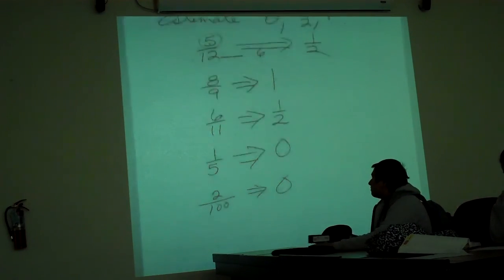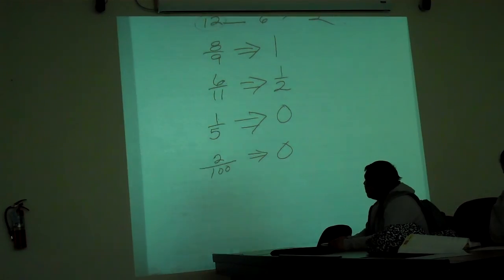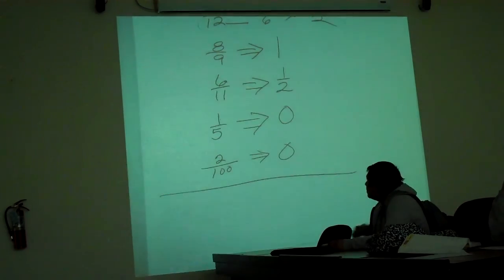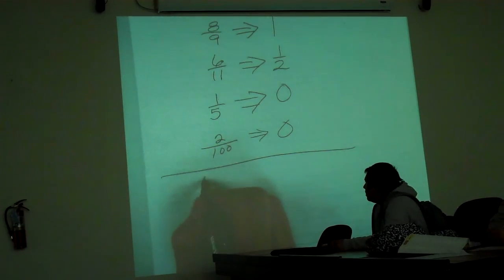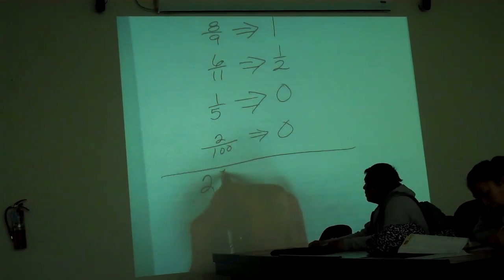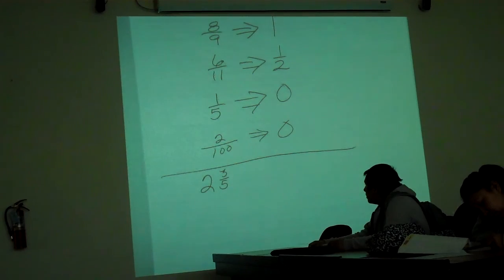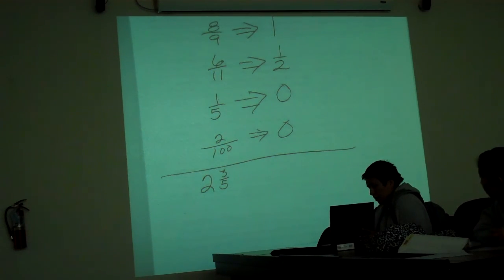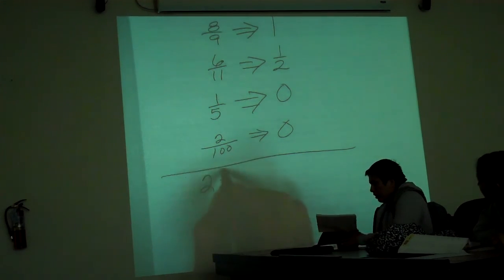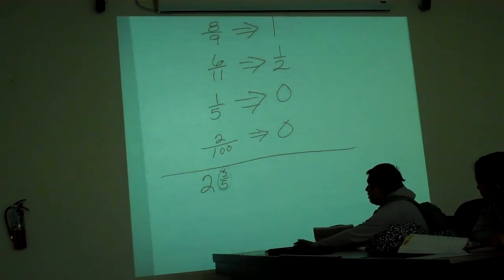How about if you have a mixed number? By using these estimates of 0, 1/2, or 1, let's do a mixed number like 2 and 3/5. The 1/2 of 5 was 2 1/2, right? So 3 is just a little over. So this is close to 1/2 right here.